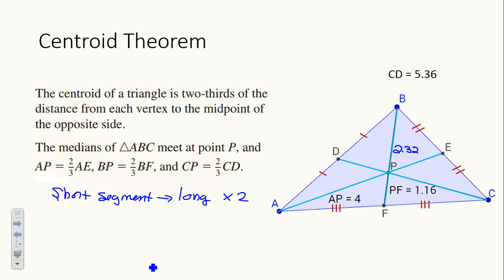It's a special property of centroids. So if we have AP given to us as 4, is AP the short segment or the long segment? Long. So how would I get from AP to PE? Divide by 2. Yep. So to get from the long segment to the short, divide by 2.